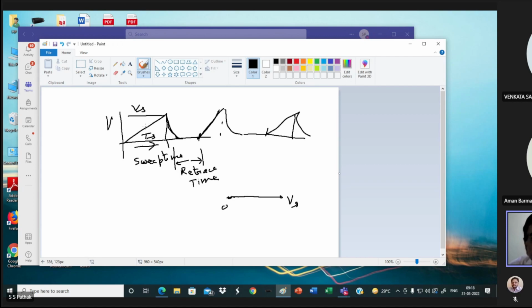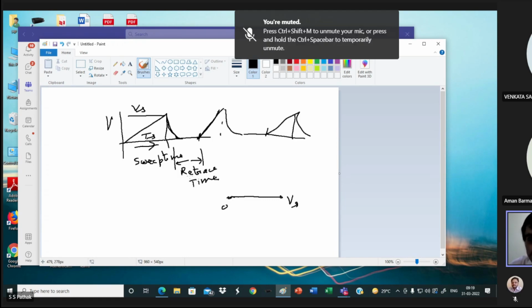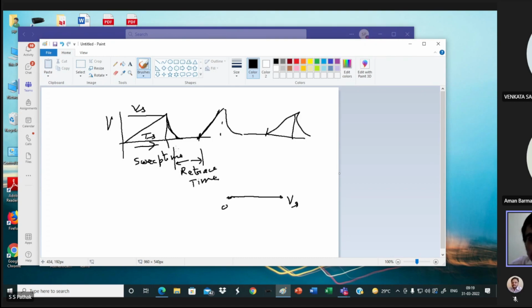The slope into time becomes your voltage, the conversion of time to voltage. So it is calibrated to time now. Now on the y-axis, some signal is displayed with respect to time. This is my y-axis.